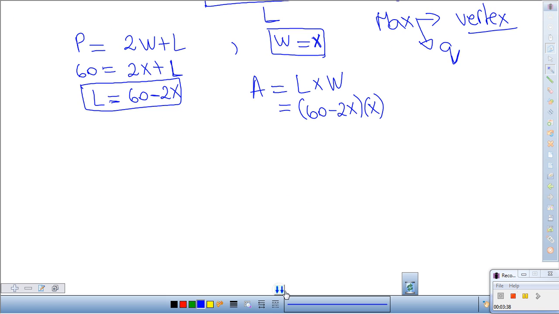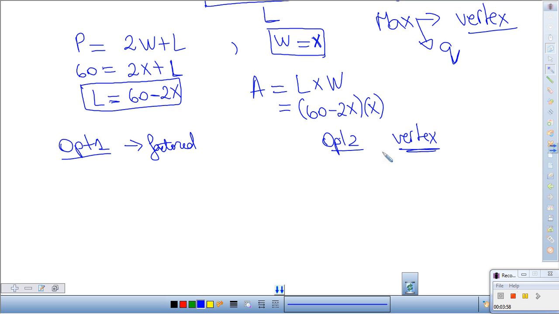Again, we have 2 options. Option 1 is factored form, and option 2 is vertex form. Well, in factored form, we know that if we average the 2 roots, we will find the axis of symmetry of that parabola. So what are the 2 roots in my equation?